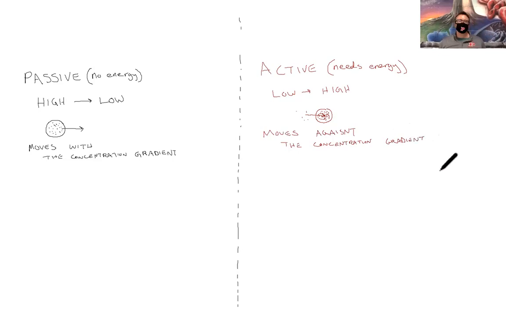All right. Now, what are some examples of each? Because you'll see questions that'll say, osmosis is an example of passive or active transport. So let's do the examples, right? So we've got 3 types of passive transport.